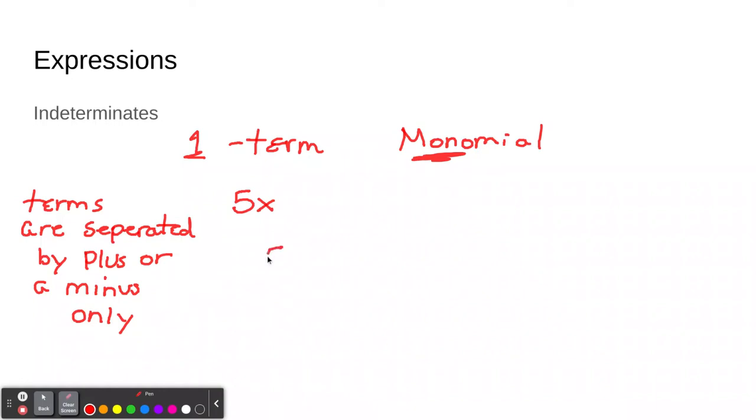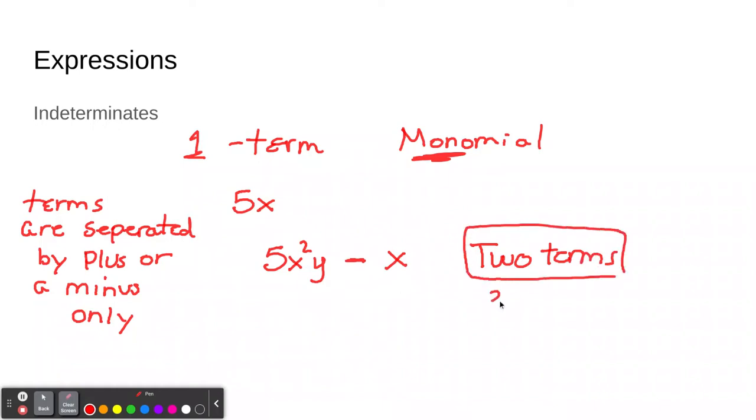If I had 5x squared y, that's still one term. But then all of a sudden you see a minus sign, minus x. Now we have two terms, and by the way, two terms are called binomials. So one term is a monomial, and two terms are binomials, but they're all under the umbrella of polynomial.